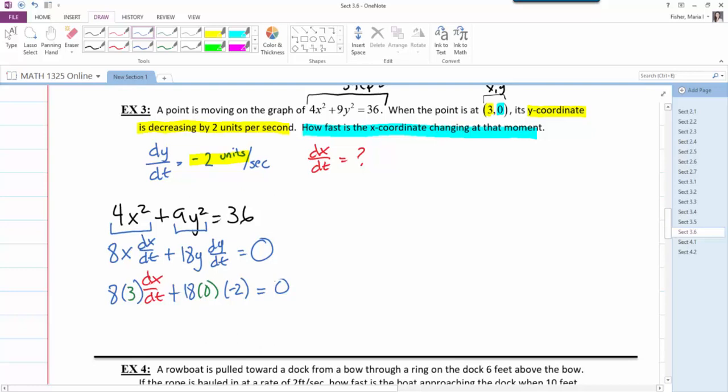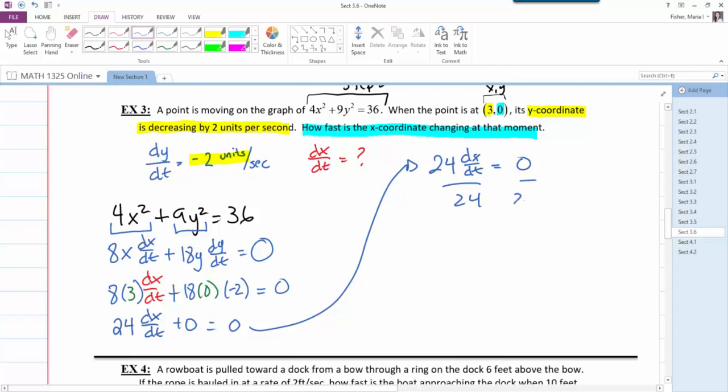So if I continue on here, this is going to be 24 dx/dt. And if I multiply here, 18 times 0 times negative 2, well, anything times 0 is 0. So we have 24 dx/dt equal to 0. Solve for dx/dt, and I get dx/dt is equal to 0.